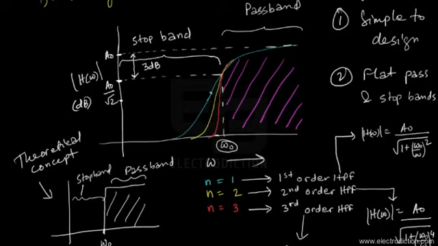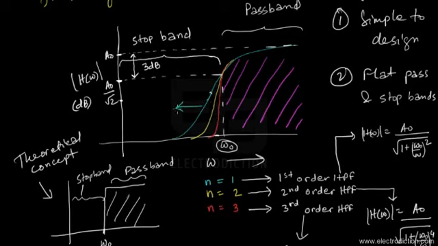For the case of n equals 1, the first order high pass filter has a rate of change of its gain of 20 decibels per decade. I'm just going to write it down over here.